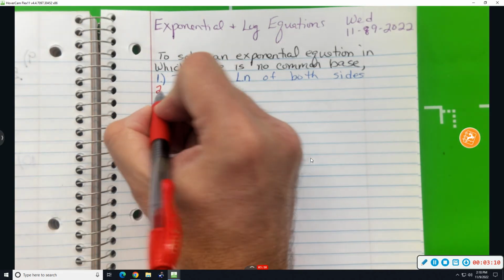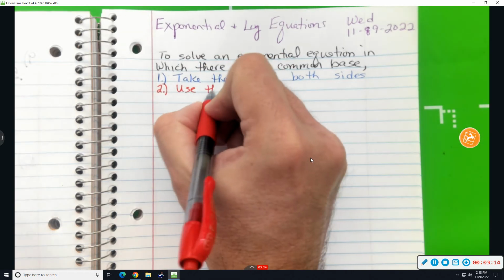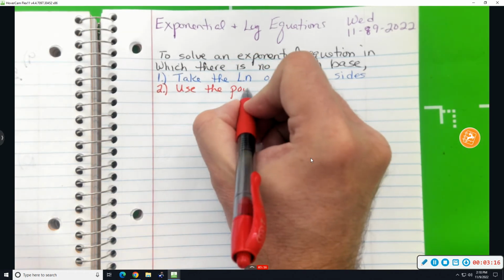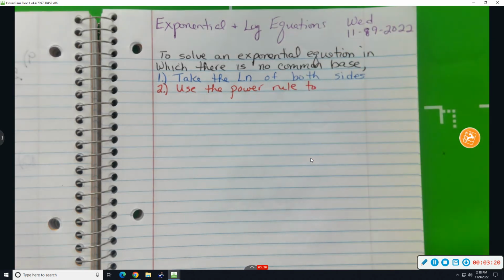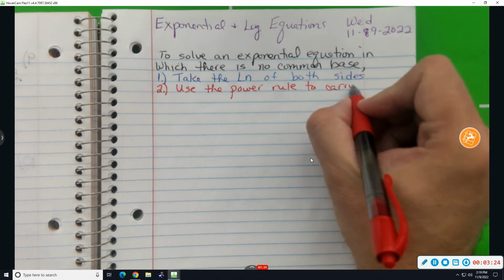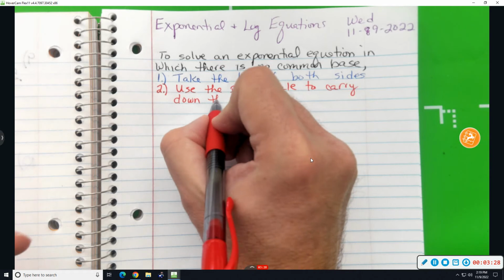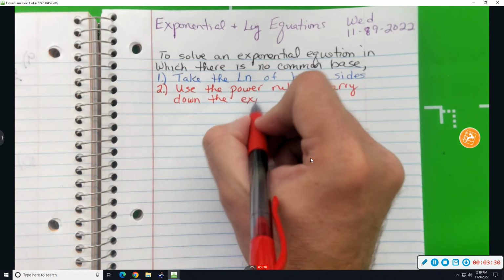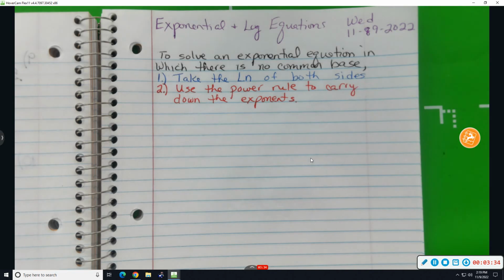But by doing that, you can then use the power rule of logarithms to carry down the exponent. Well, let's say exponents, because there's usually exponents on each side.